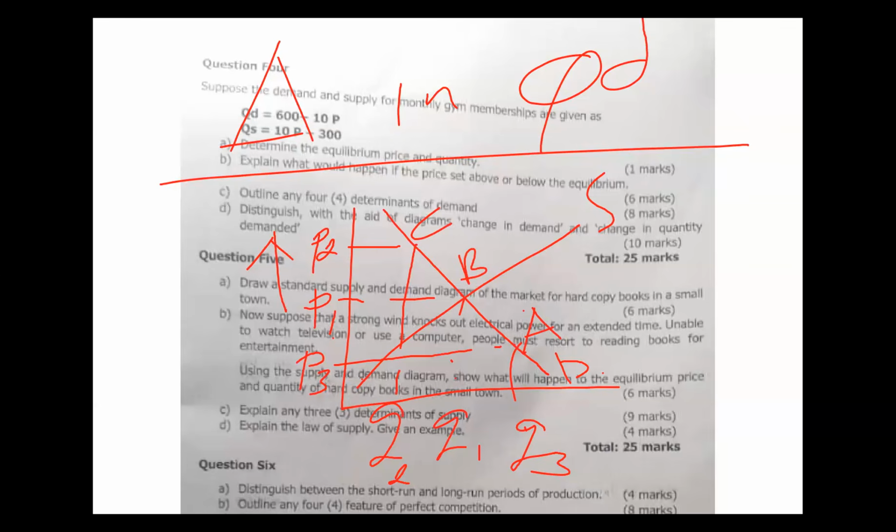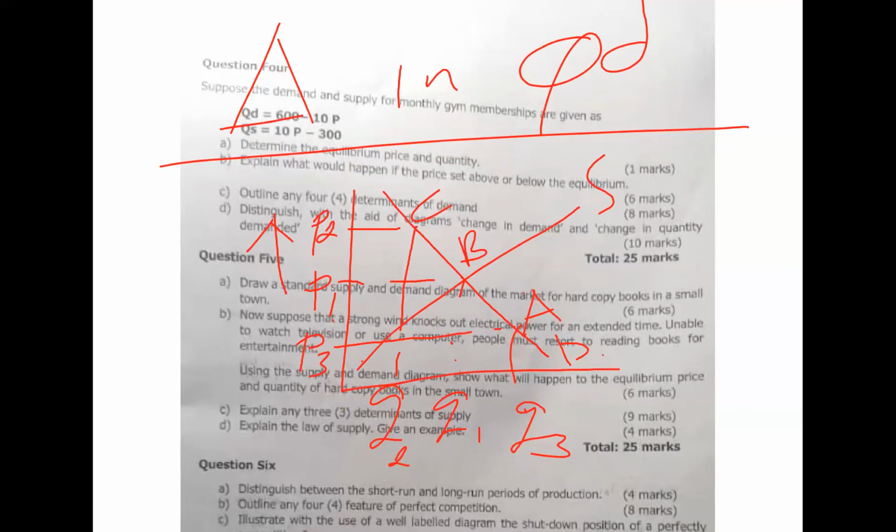So I should take advantage of this conversation to highlight, look, when you are citing the law of demand, you do not say that there is a negative or an inverse relationship between demand and the price.